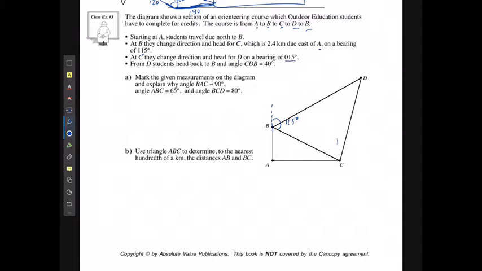So I'm going to stretch this out straight north and then say that this angle here is going to be 15 degrees. From D, students head back to B and angle C to D to B is going to be 40 degrees.